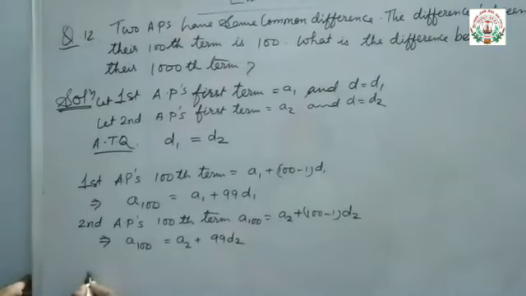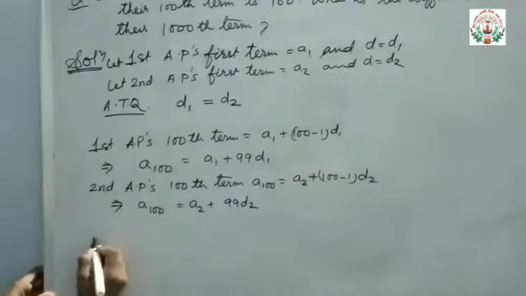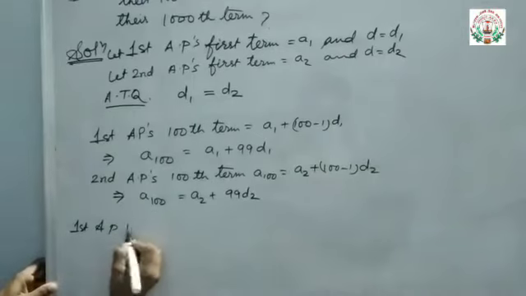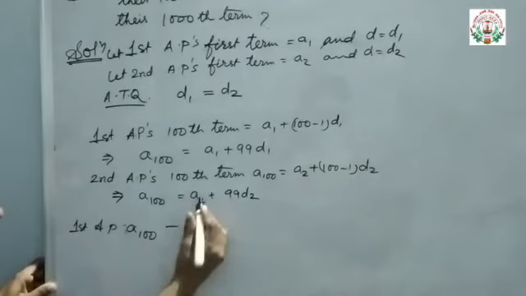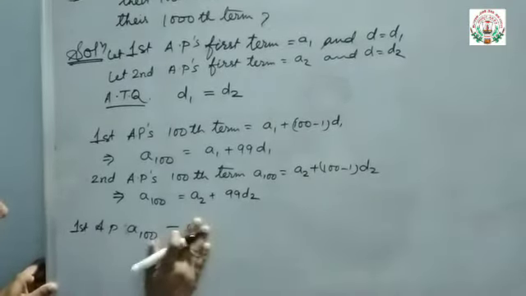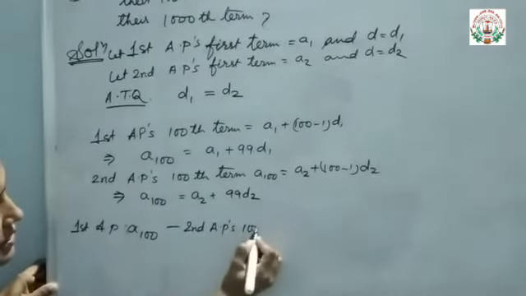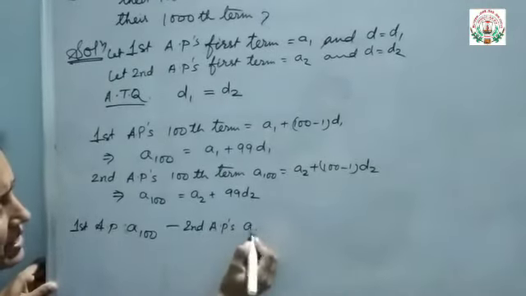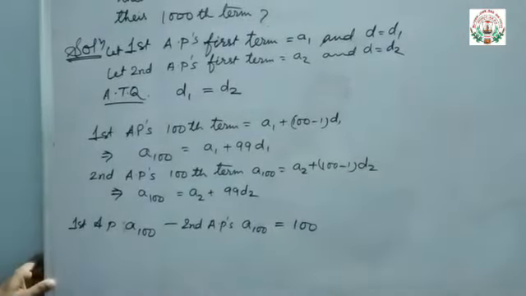Means you can write, according to the question, the first AP's 100th term a_100 minus the second AP's 100th term a_100 equals how much? 100.